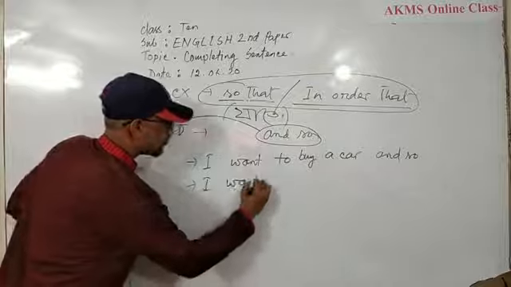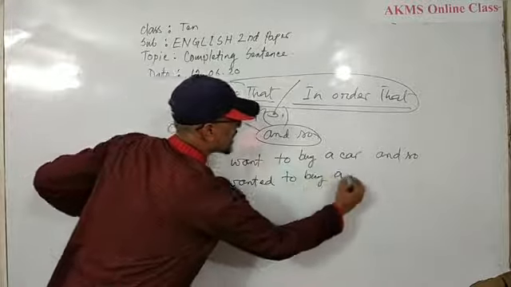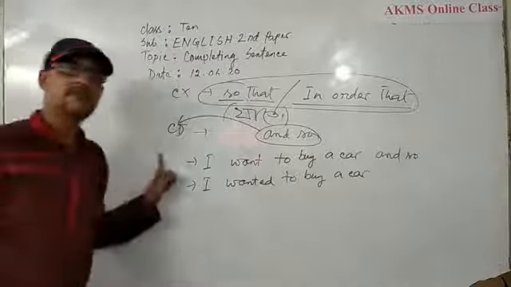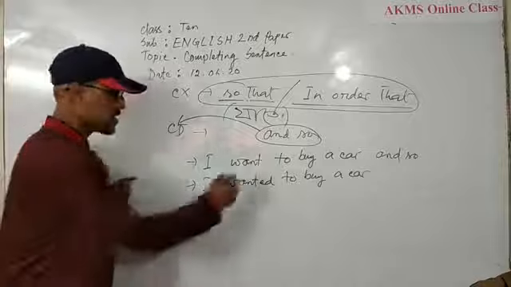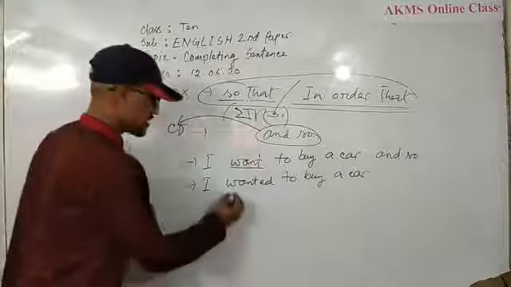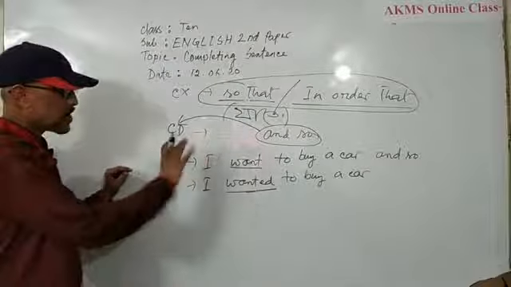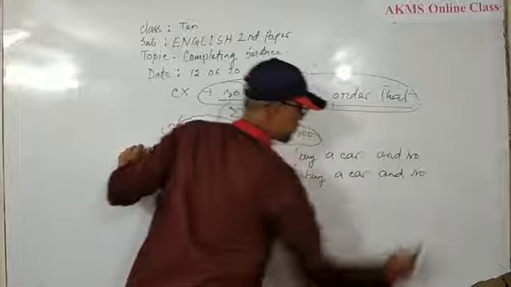I wanted to buy a car. Dear students, I have written the same sentence here, but the tense is different. Here I have used want, but there I have used wanted. I wanted to buy a car, and so.